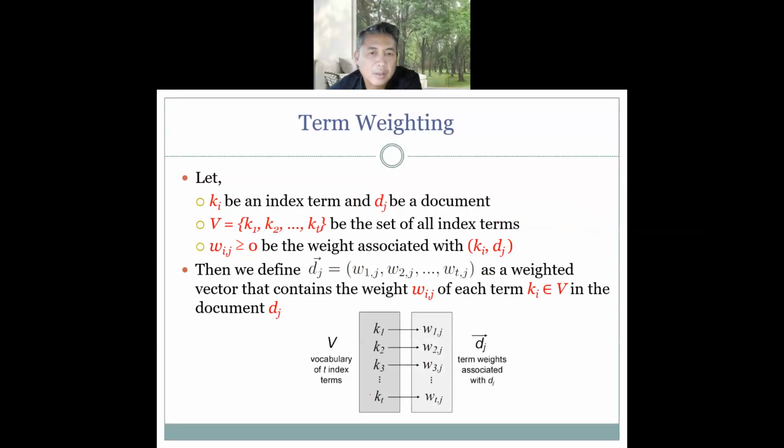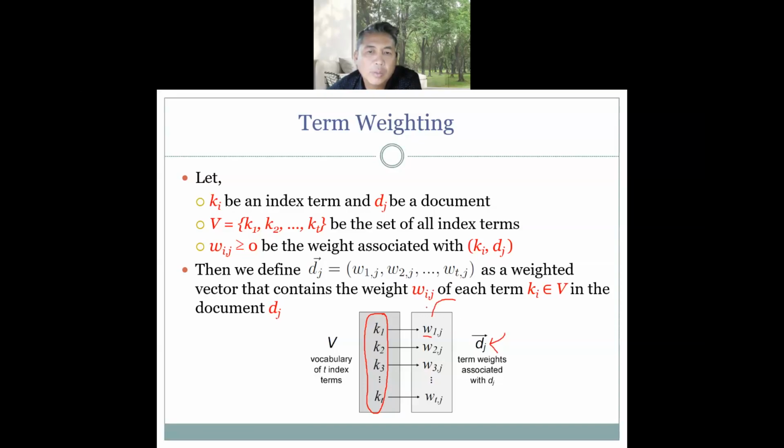We will then have a list of keywords K1 up to KT, and each of these keywords will have a weightage for that particular document.